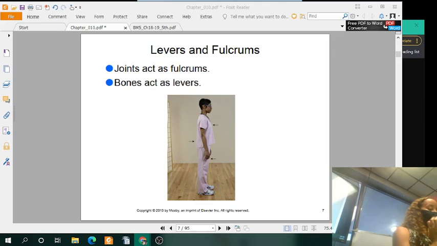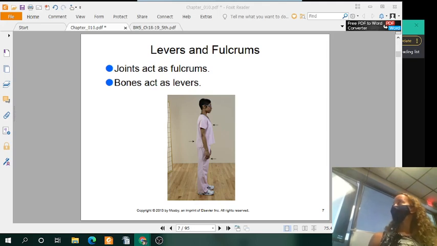There's more stability if you have a mechanical advantage, so you're stronger, more strength, but you lose speed. Mechanical disadvantage, you can move quicker, but you lose some of the strength. So joints are our fulcrums and bones are our levers.